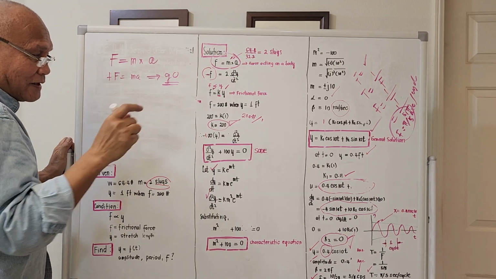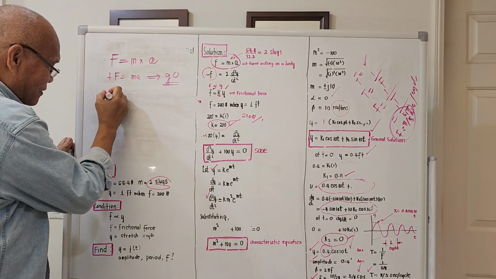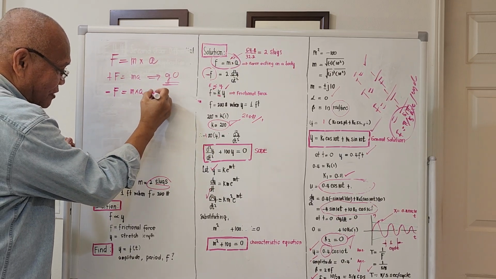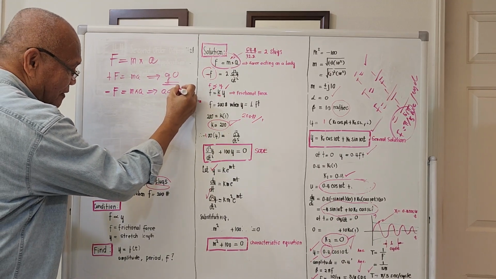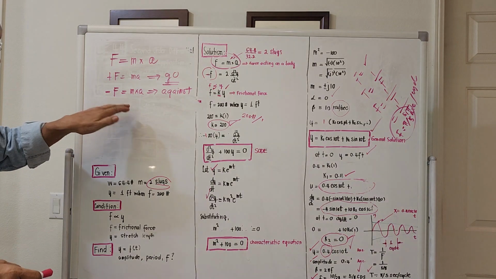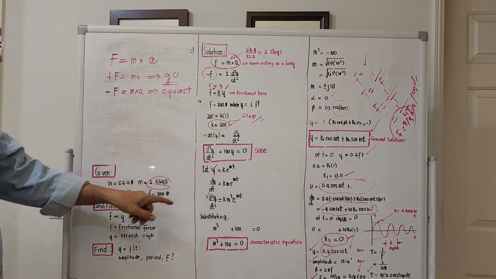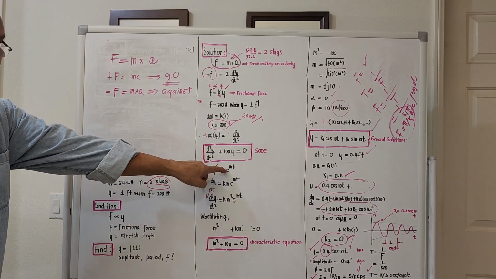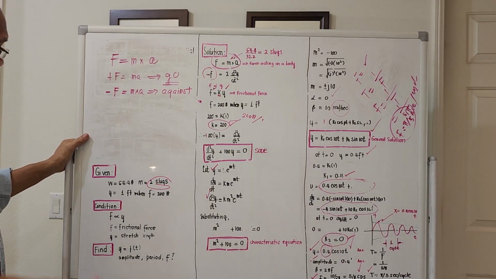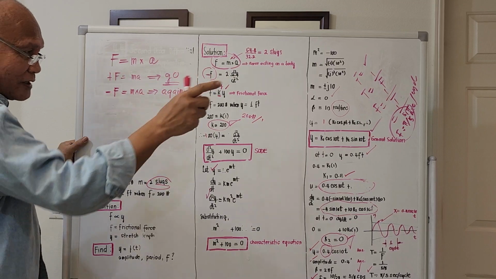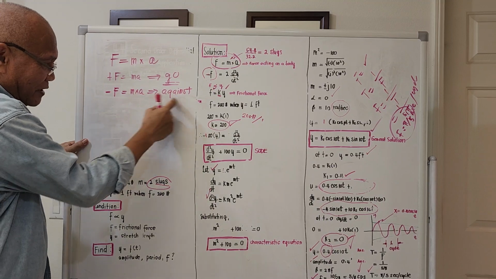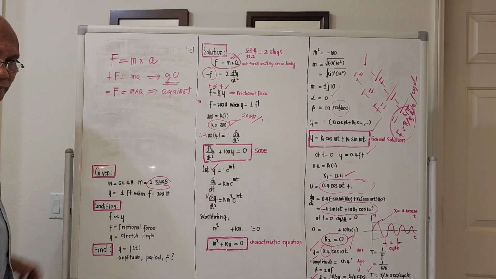If the force acting on the body is against the motion, it should be negative, and this should be equal to its mass times acceleration. This is against. That's the part of the solution where we formulated the resulting second order differential equation. It came from this equation A. But the significance of the plus and minus: if the force acting on the body goes with the motion, it should be plus. If it's against the motion, it should be minus.